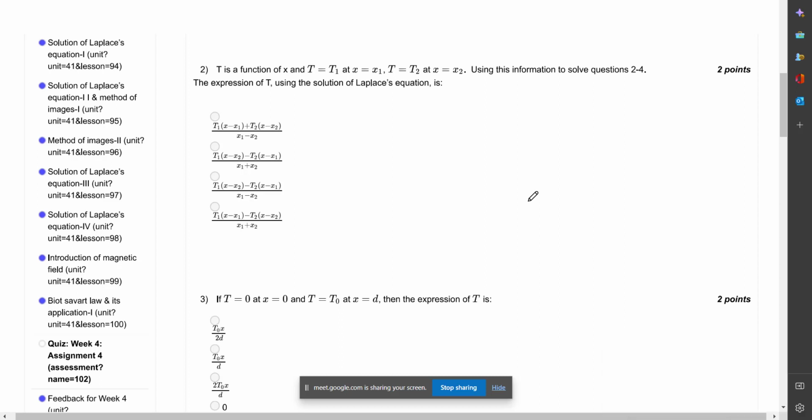Using this information to solve questions 2 and 4, the expression of T using the solution of Laplace equation is. So T is a function of x, and at x equal to x1, T is T1, and at x equal to x2, T is T2. Now we are asked what will be the expression of T.